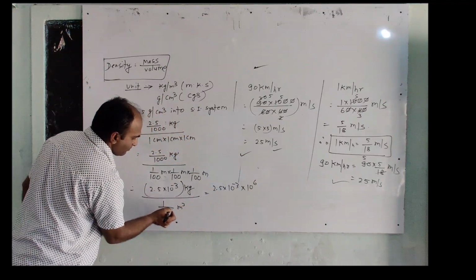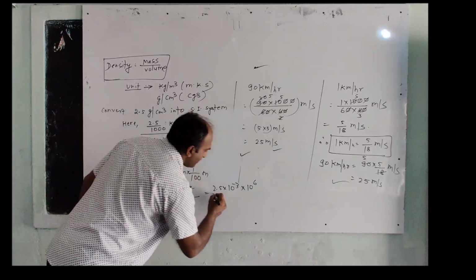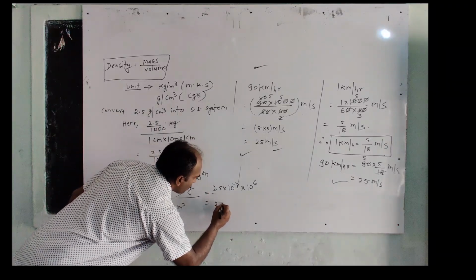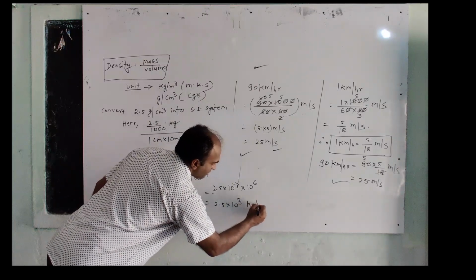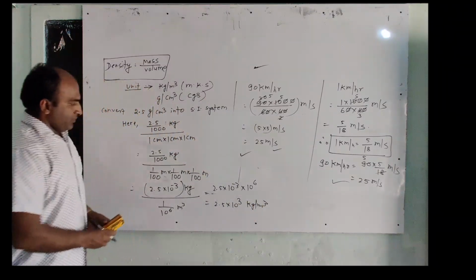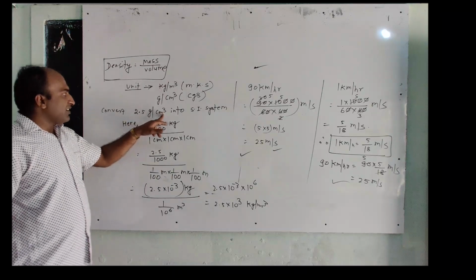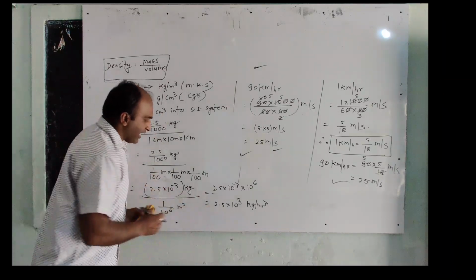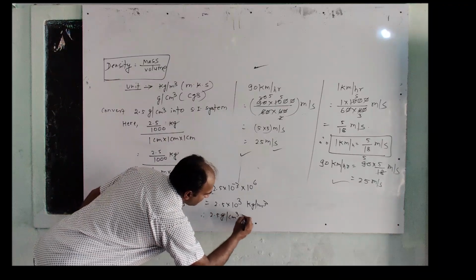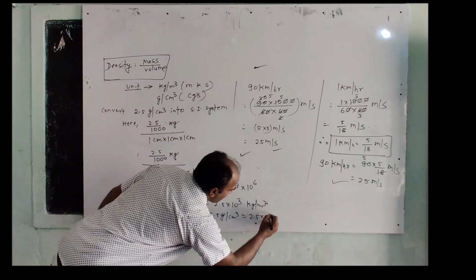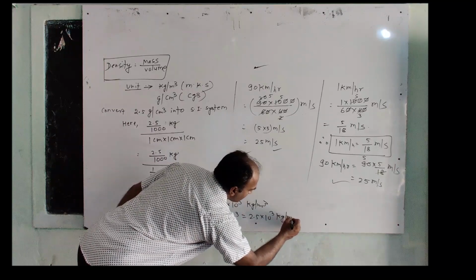This 10 power 6 gets multiplied here, and it is equal to 2.5 into 10 power 3 kg per cubic meter. So 2.5 gram per cubic centimeter equals 2.5 into 10 power 3 kg per cubic meter.